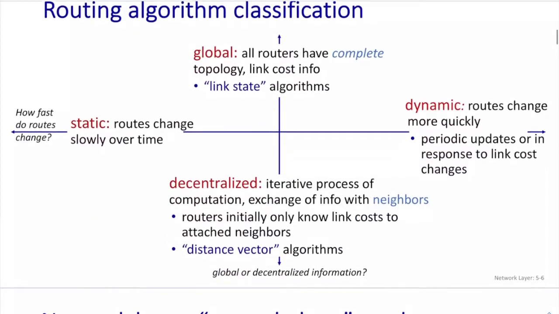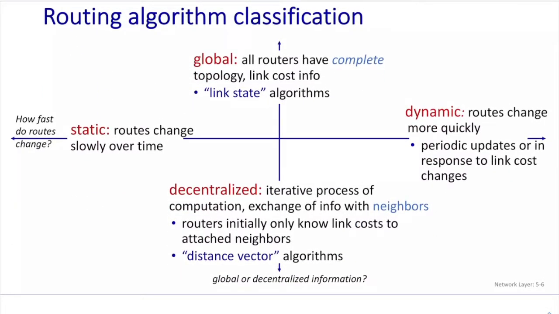Before we introduce these two different routing algorithms, you have to think about two different things. One is the information. It's right here and here. Global means, does your algorithm need a global view of your topology? That means all routers have complete topology and link cost information.